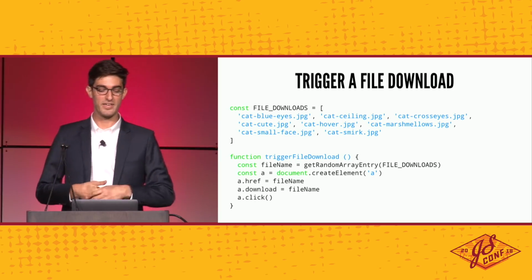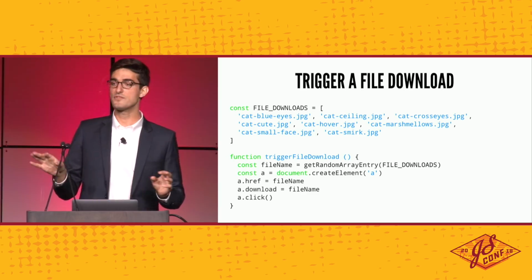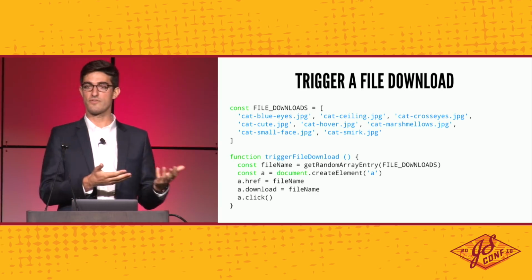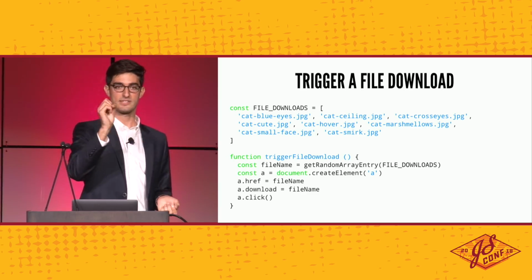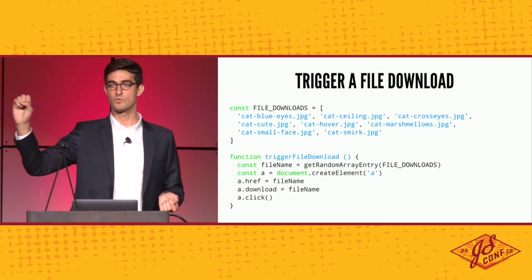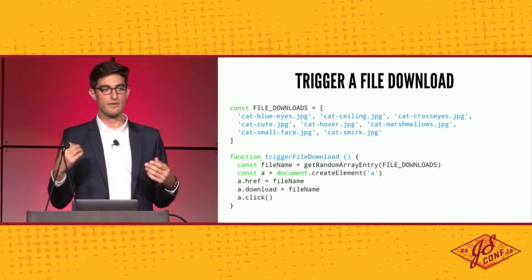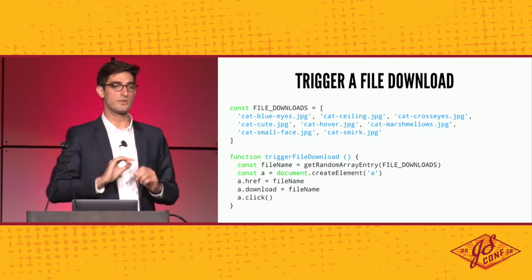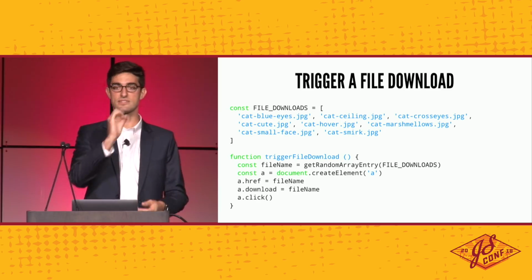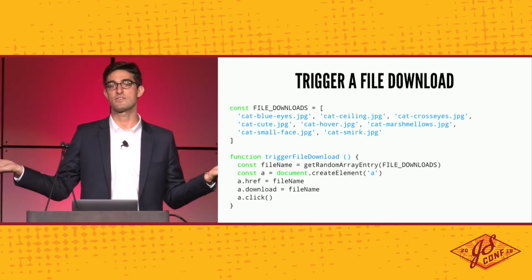Okay, so here's another one. This is a great one too, because I don't know if you've seen websites where you go to download a file and then you get the little countdown timer. It's downloading in 5, 4, 3, 2, 1, and then the file downloads. Well, what's going on is you're allowed to download one file without any user interaction. If you think about it, right? Because it's counting down and then it downloads a file and you haven't even clicked anything.